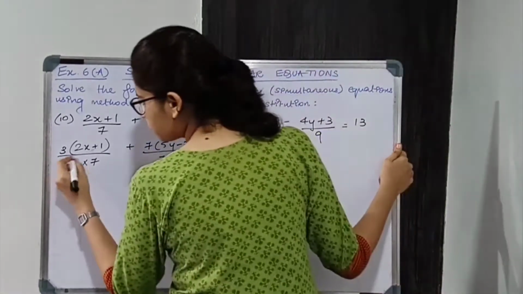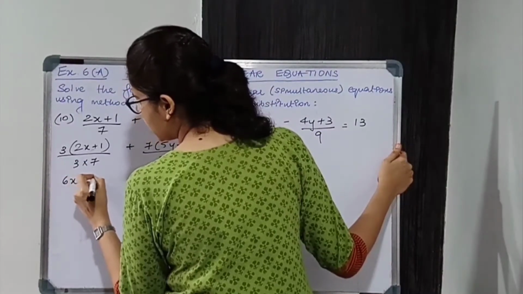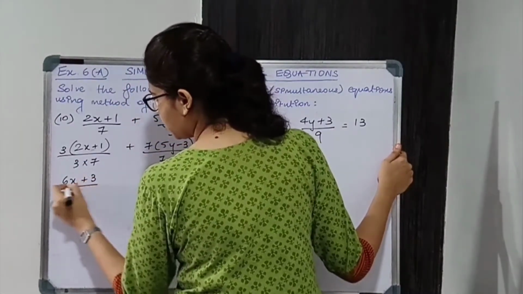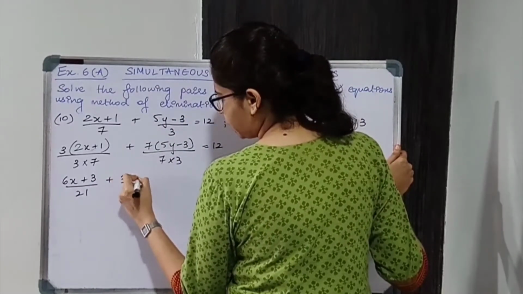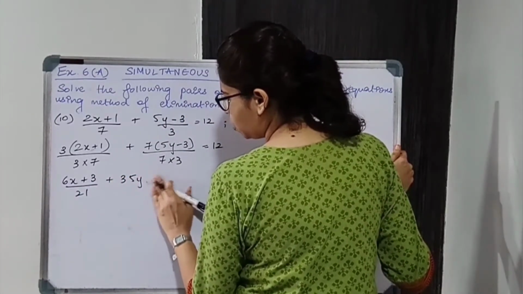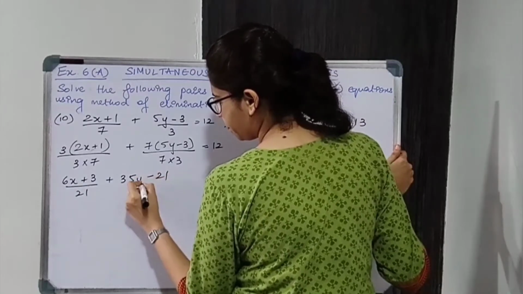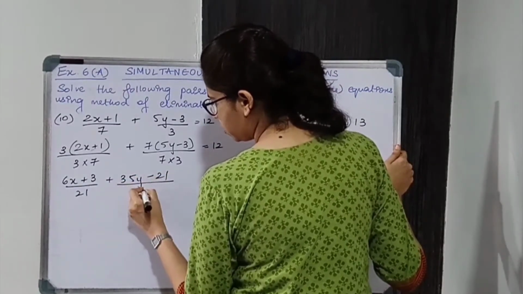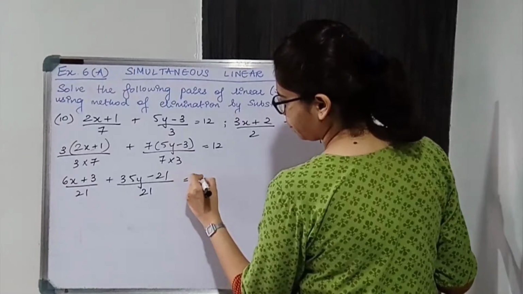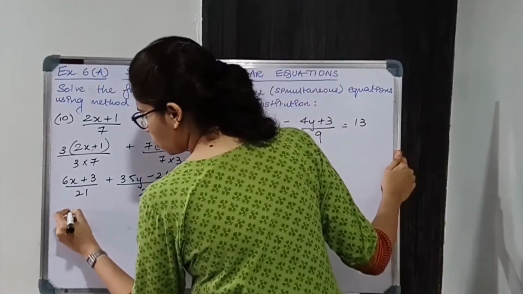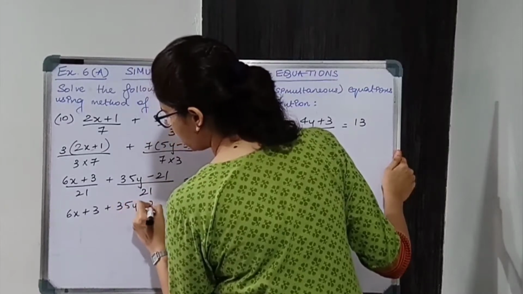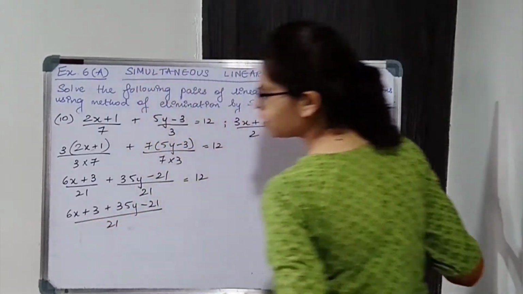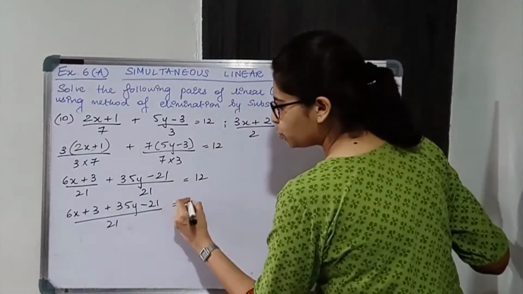So we'll get 6x plus 3 by 21 plus 7 5s are 35y minus 7 3s are 21 upon 21. Okay, so 6x plus 3 plus 35y minus 21, the whole by 21 I can write is equal to 12.